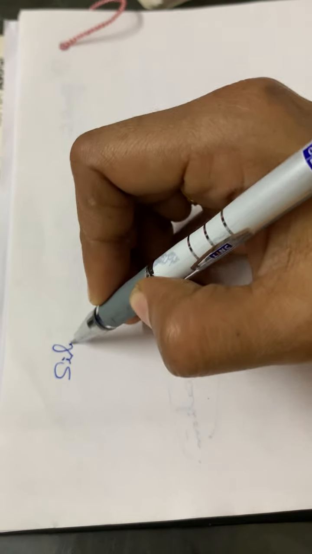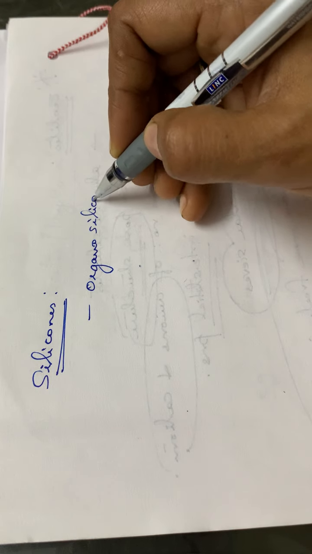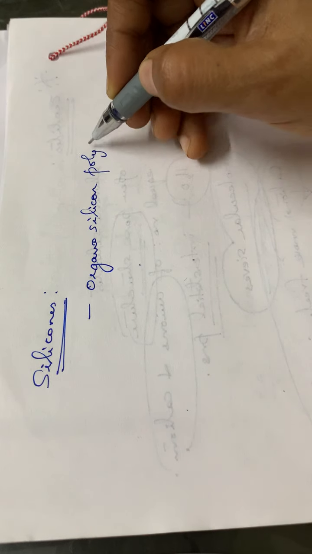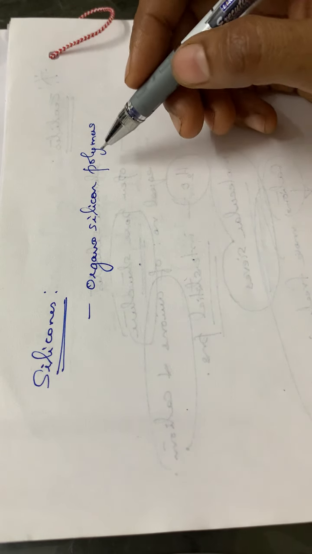Silicones. See, silicones are normally organo-silicon polymers. Polymers means it will be a straight chain or a branched chain, extending or going on like that, isn't it?